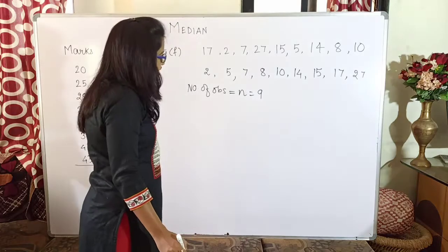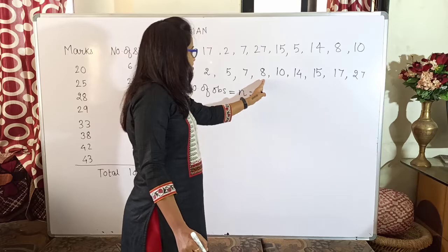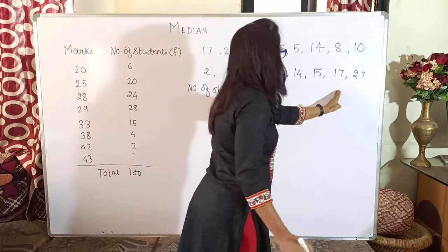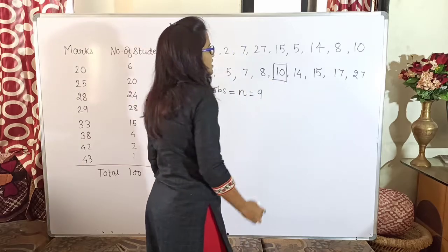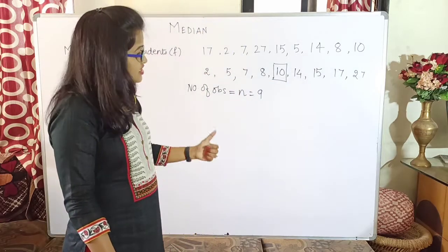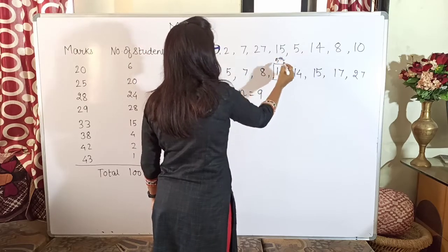If there are 9 observations and I want the central most value, there are 4 numbers on this side and 4 numbers on that side. So which is the central observation value? That is 10. And where is it present? It is present at the 5th position.